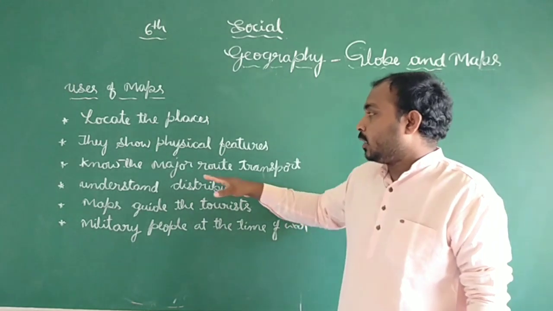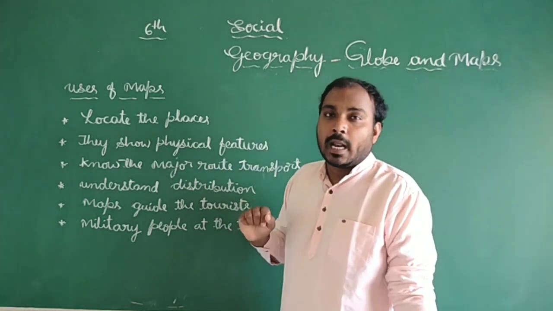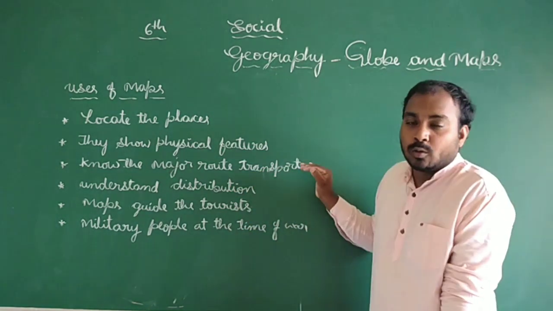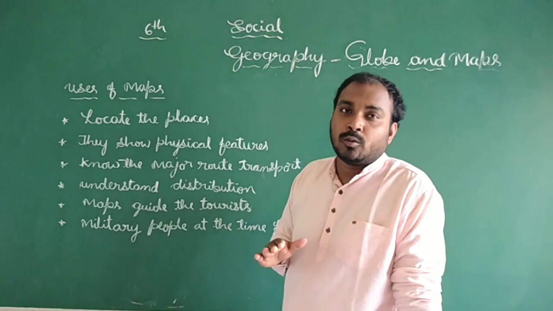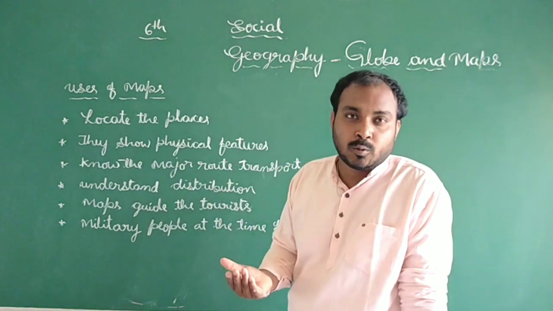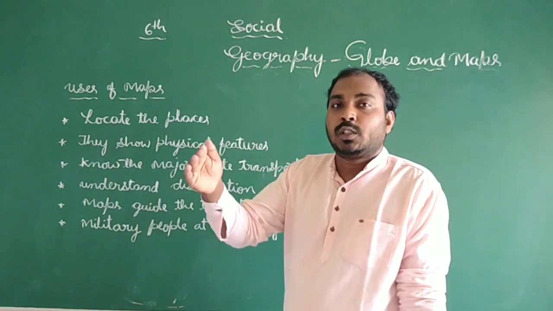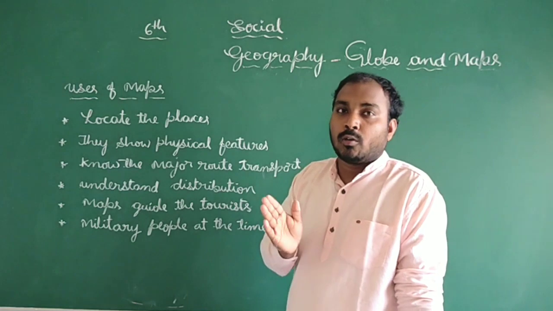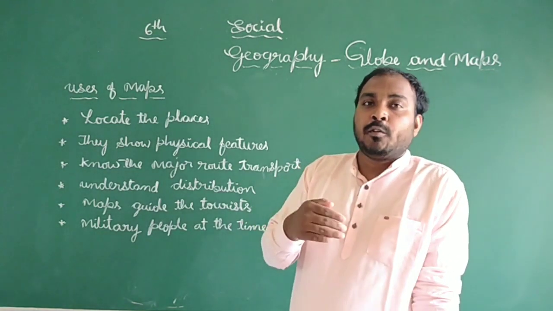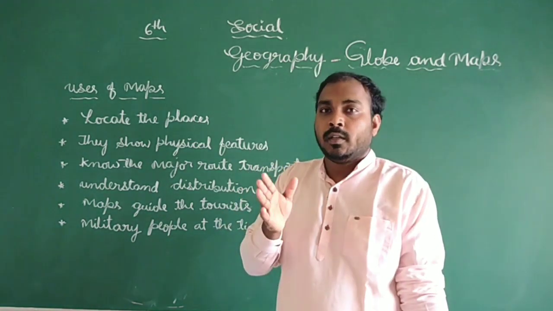Next one is to know the major transport routes. Maps will help us to know the route map of transport. As you know, transport is divided into three parts: land transport, water transport, and air transport. So for these kinds of transport, we need to know which way to go. For example, when you go on a family tour, you will see the maps.